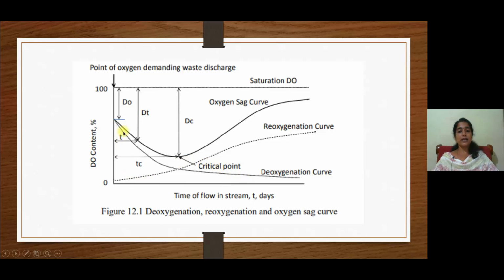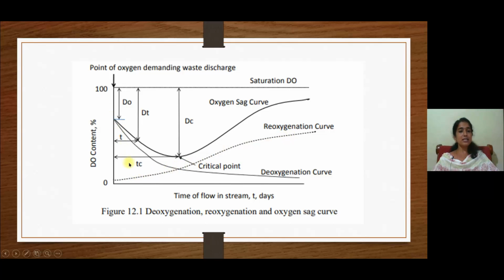You can see the deoxygenation curve starting at the point D0, that is the initial oxygen deficit. The dissolved oxygen content will get reduced, and it will move parallel to the x-axis.